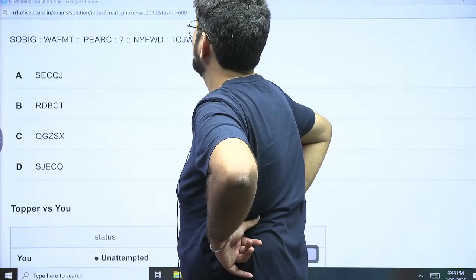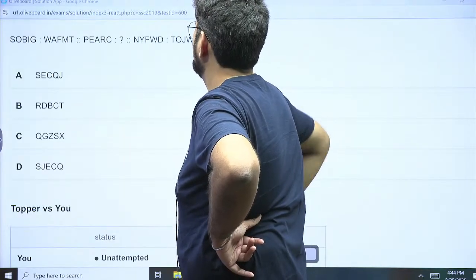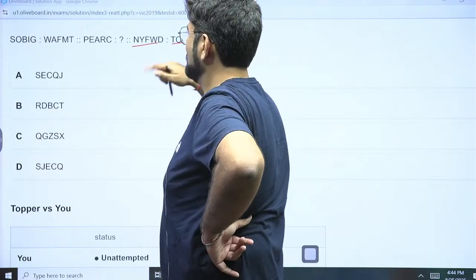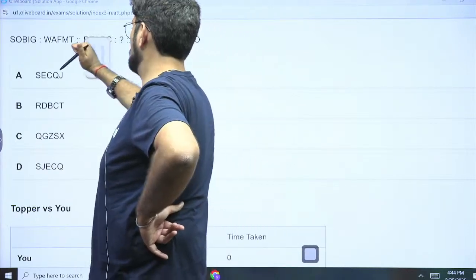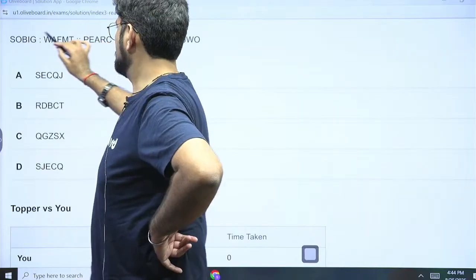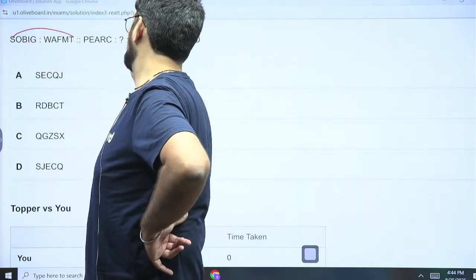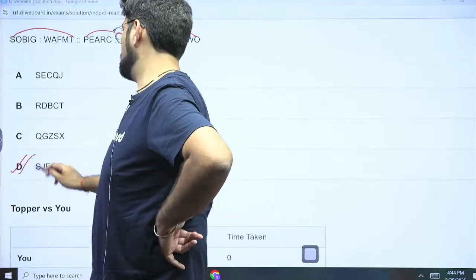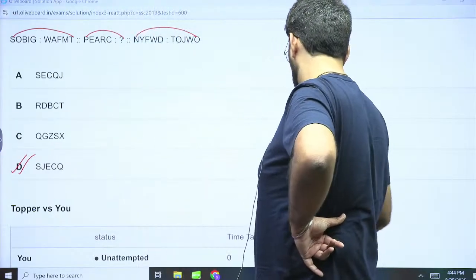Last one is reverse. No, that's not it. We have this also here. 14 plus 1, 15 plus 1. This is in fact working out. I think this is working out. 19 plus 1, 20. 14 plus 1, 15. So 16 plus 1, 17. Should option D be the right answer?